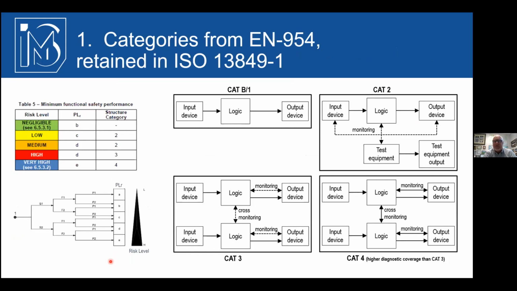That's what these are referring to. Basically, it is the 3 elements: input, logic, output devices. How are they wired? Are there dual channel? Are there 2 wires versus 1 wire? And also internally, are they monitoring themselves internally, or are they monitoring externally as well? So you'll see some duality and aspects of monitoring.